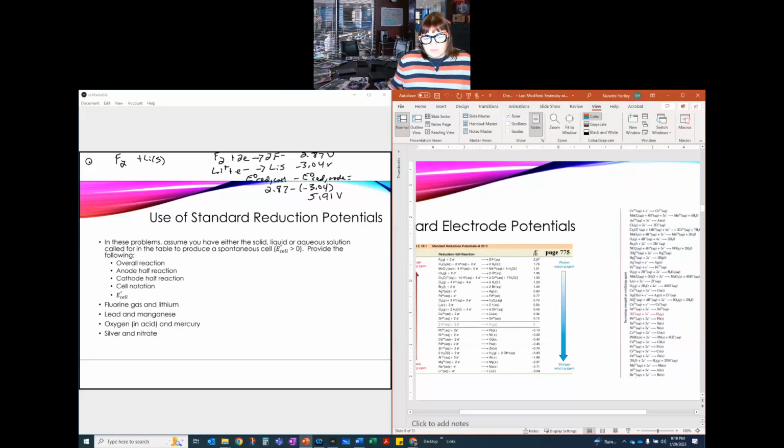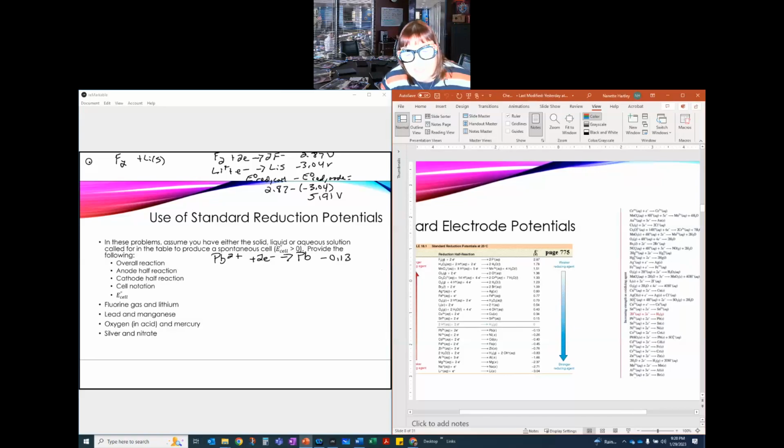Ooh, that was fun. Lead and manganese. Okay, let's find lead. I'm looking for Pb, and I see Pb2+ plus 2e minus going to Pb, and that's negative 0.13 volts.